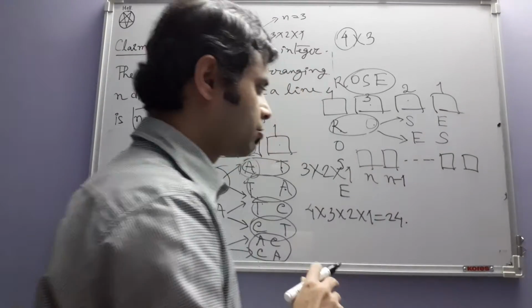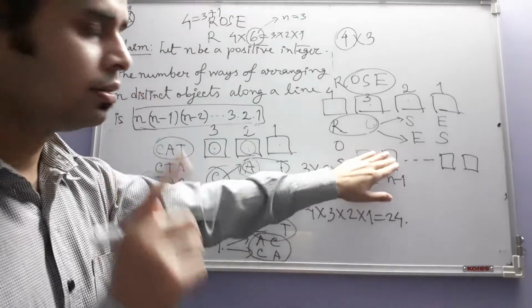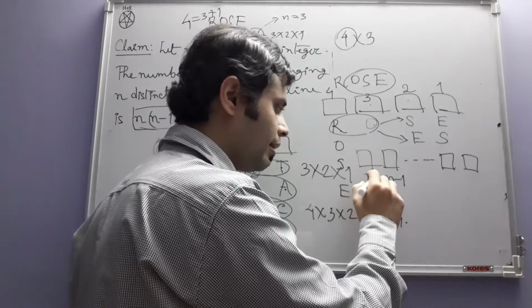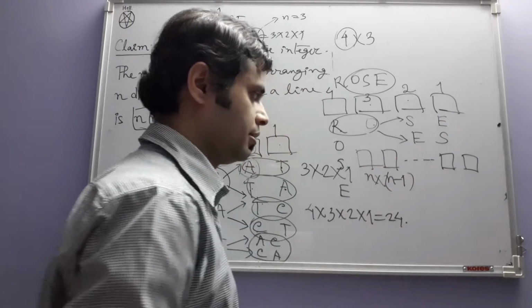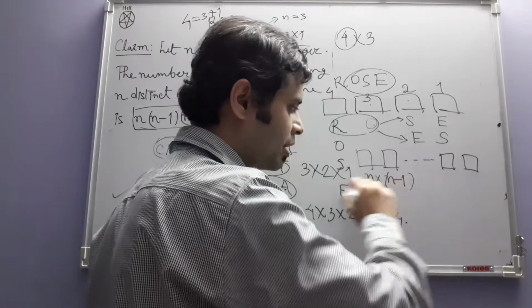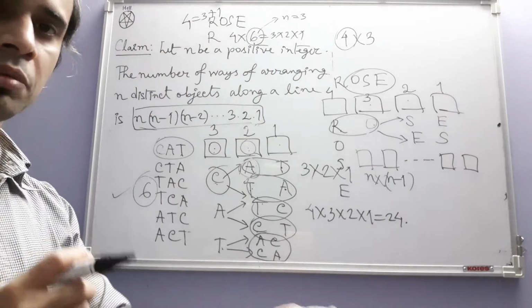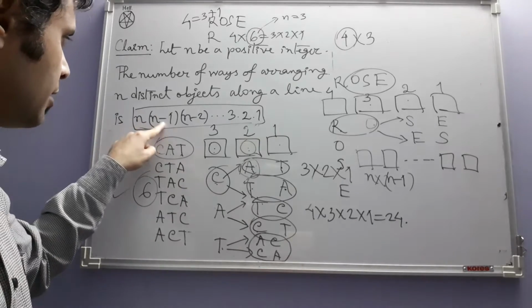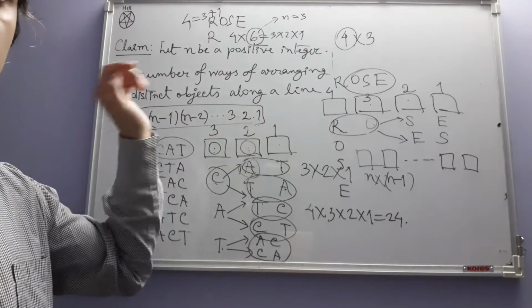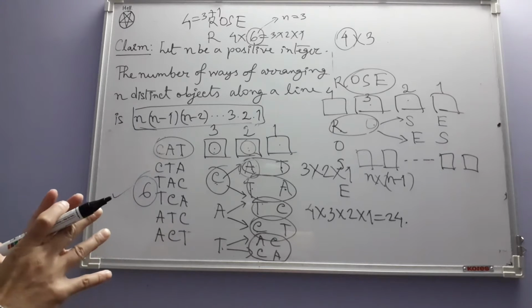So together the first and second place can be filled in n times n minus 1 ways. But then you have more places also, and as you make more choices, the number of available choices decreases one by one. So n times n minus 1, n minus 2 up to 3, 2 and 1. So now this is the starting point.